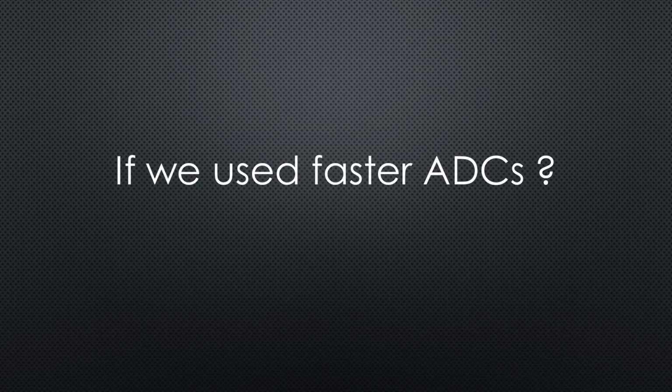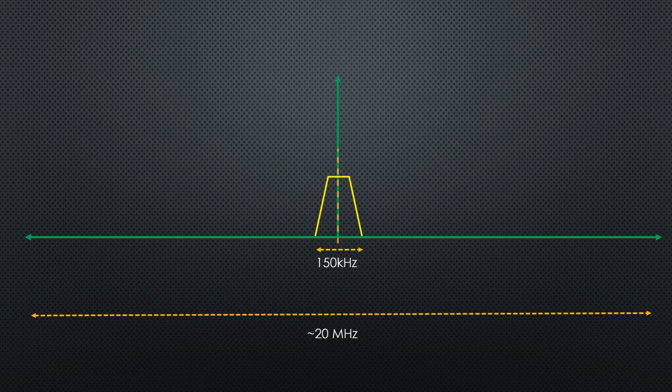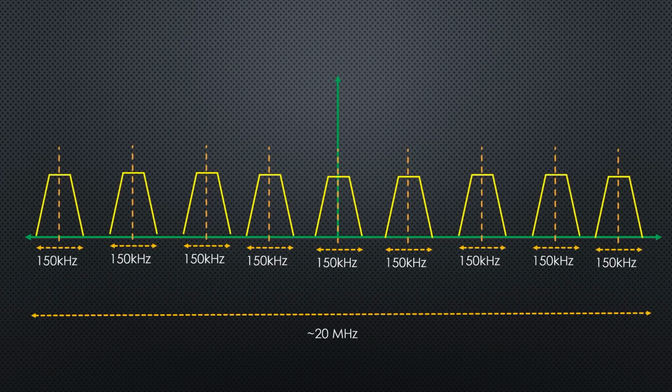But this is not all. What would happen if we used a faster ADC? We could sample more than the 150 kHz needed for one FM station. The whole FM band, for example, is 20 MHz wide. A 20 MHz ADC would be able to digitize all stations at once. Incredible!